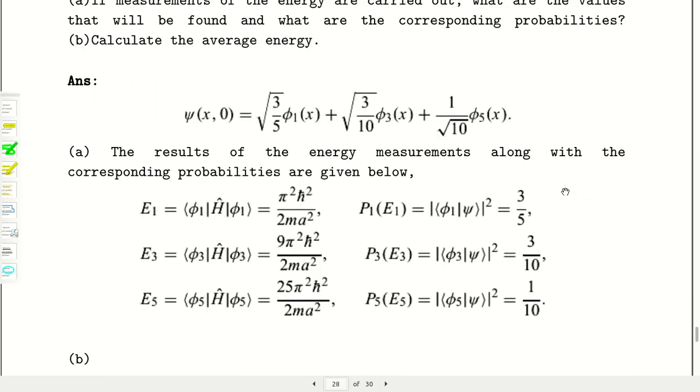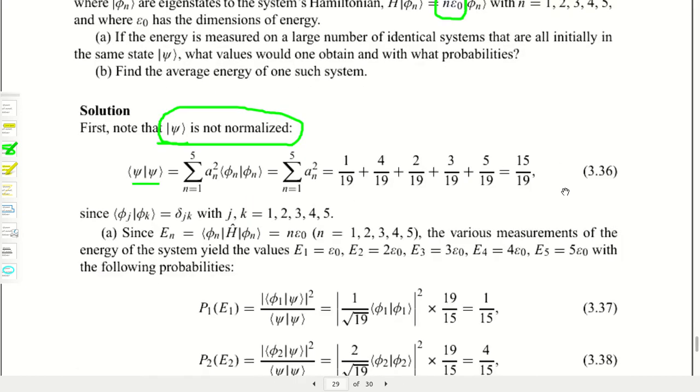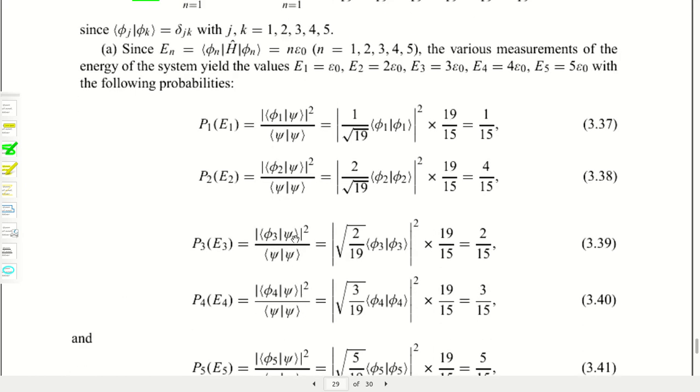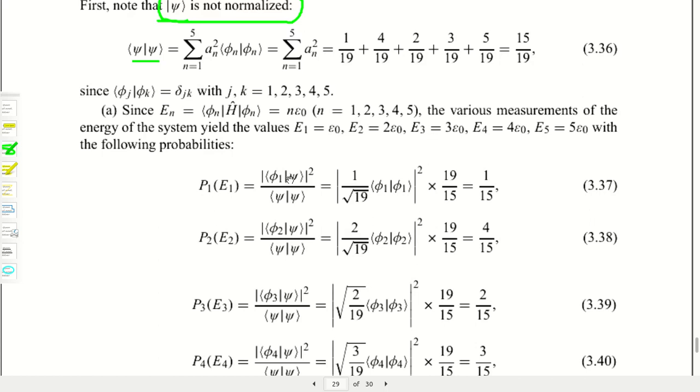See, it is used here. So the probability of each state is c1 square by the sum of c_n square. The sum of c_n square we have evaluated, that is 15 by 19. So in each case it is 15 by 19 in the denominator, but in the numerator the term will be different, because c1 is bra phi 1 ket psi.